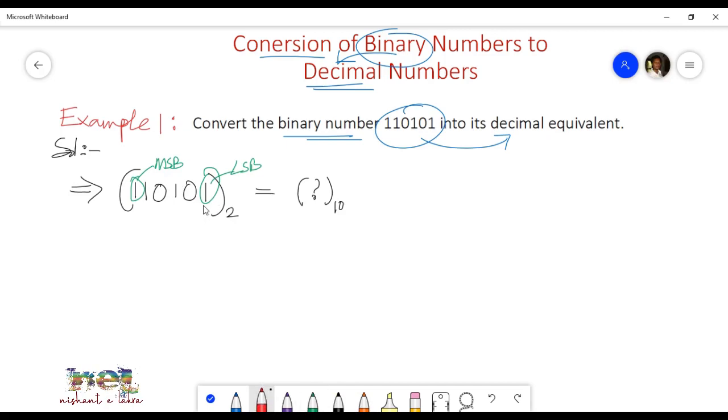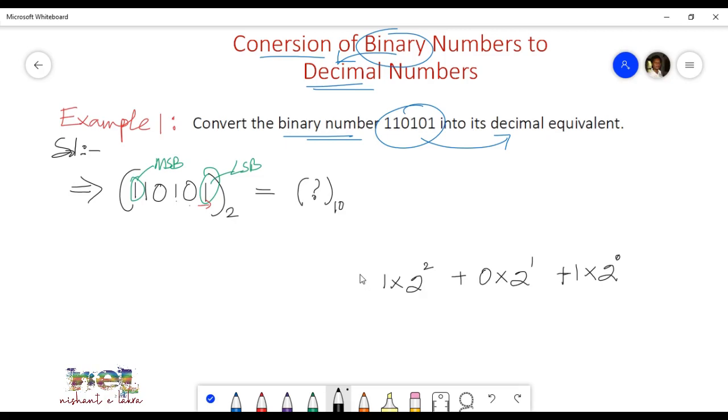I have mentioned it here so that you remember it. Now let us write it down according to its place position, starting from the LSB: 1 into 2 to the power 0, the next digit is 0, so 0 into 2 to the power 1, plus the third digit is 1, so 1 into 2 to the power 2.